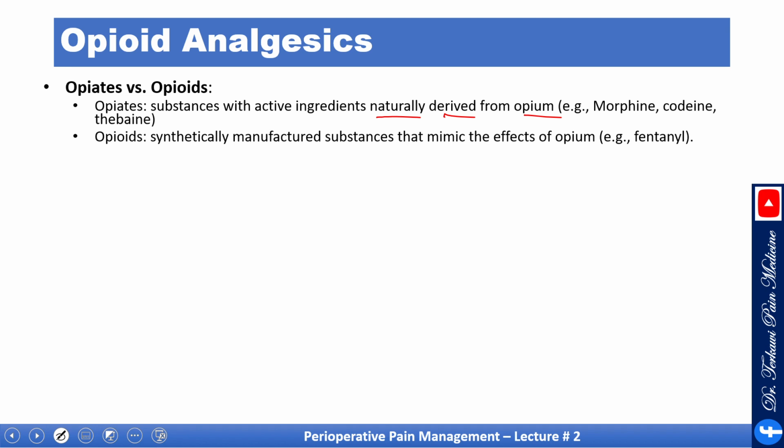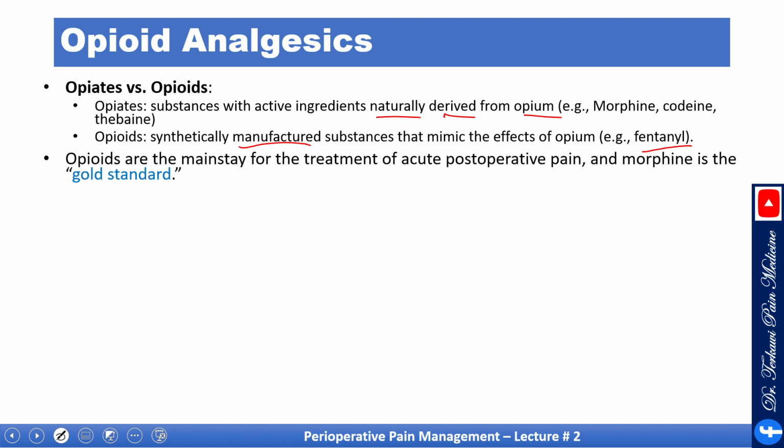Opioids, on the other hand, are synthetically manufactured substances that mimic the effect of opium, like fentanyl, remifentanil, and so on. Opioids are the mainstay of treatment of acute post-operative pain, and morphine is the gold standard.